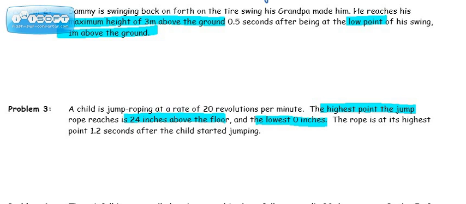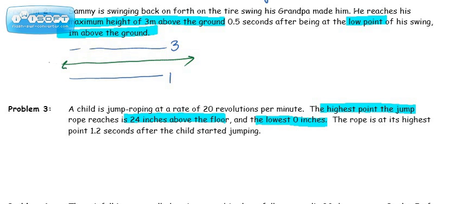So problem 2, I can sketch a graph. I know the maximum height that Sammy gets is 3 meters above the ground, and I know the lowest point that he gets is 1 meter above ground. So again, I want to know the sinusoidal axis, what the graph fluctuates between.